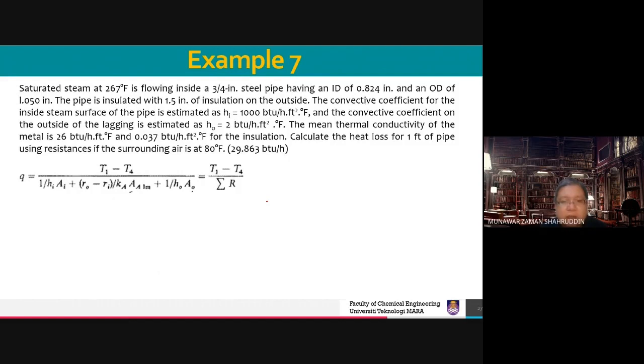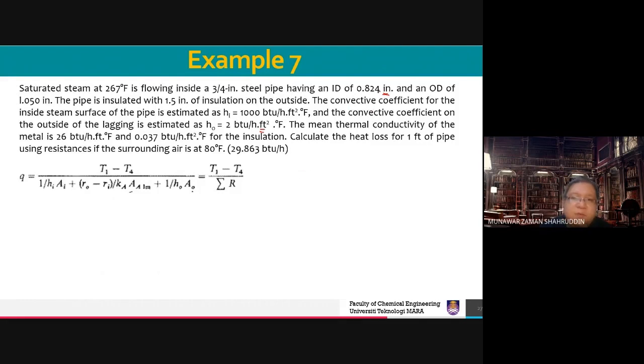But you don't have to worry about that. It's just this unit that you have to cater for.